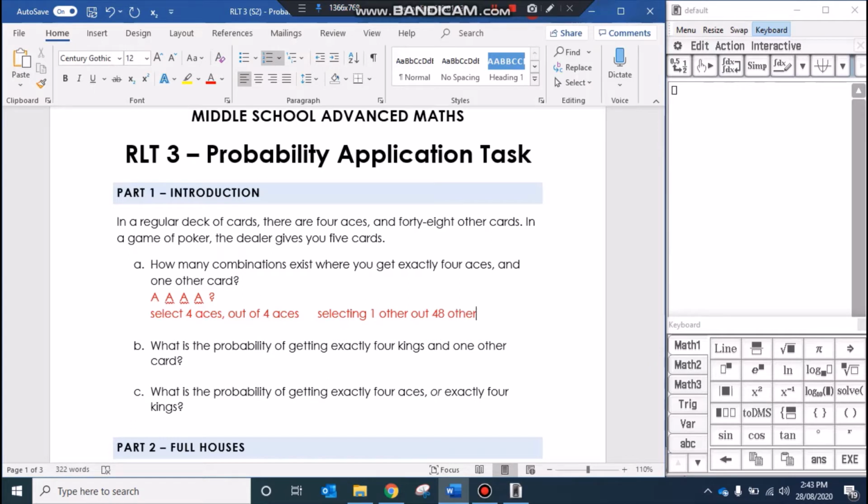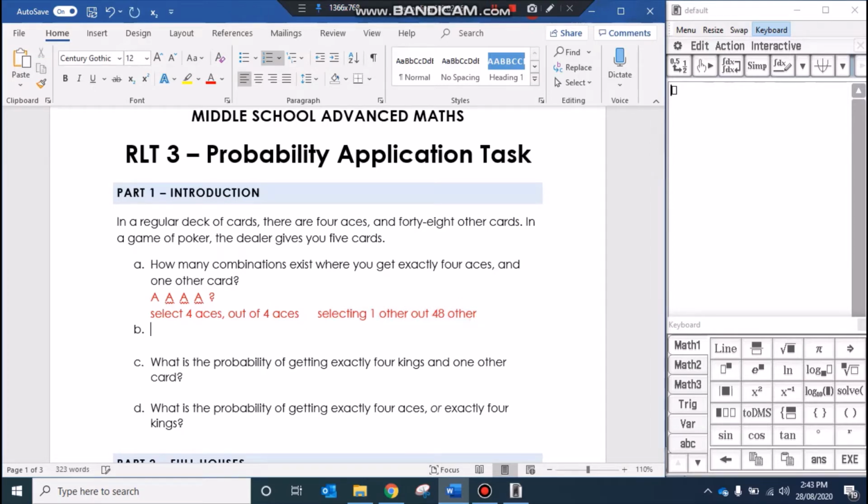That's really breaking down the problem here. We are selecting 4 aces out of a possible 4 aces, and then we are selecting 1 card out of 48 other cards. Now, what does this look like in mathematical terms? Well, if you isolate the problems, if you are asked to select 4 aces out of a possible 4 aces, you've got 4 aces and you want to find the number of combinations when you're selecting 4 of them.